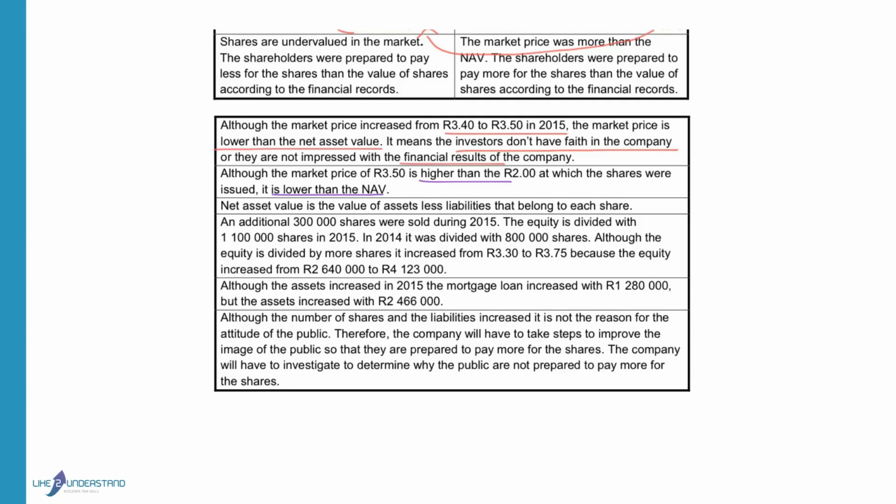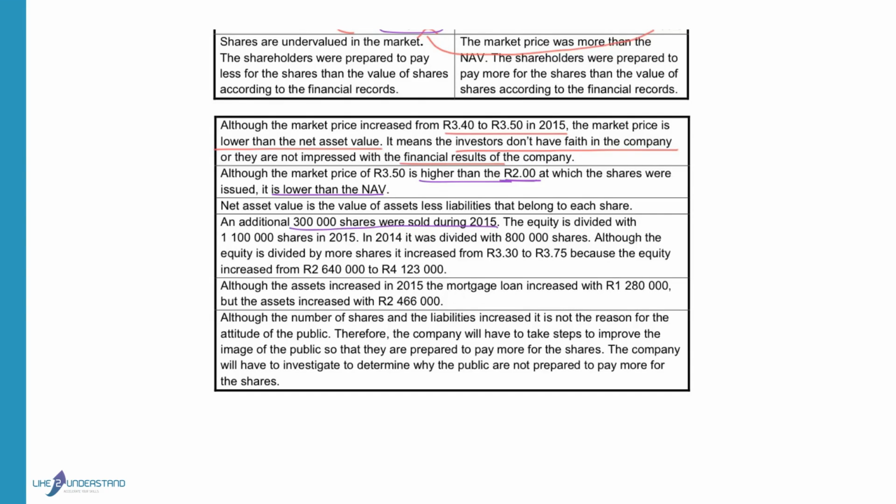So between the time that the shares were sold at R2 and the current financial year, the value of the shares increased to R3.75, the net asset value. So it means assets minus liability is worth R3.75 per share. An additional 300,000 shares were issued during 2015.